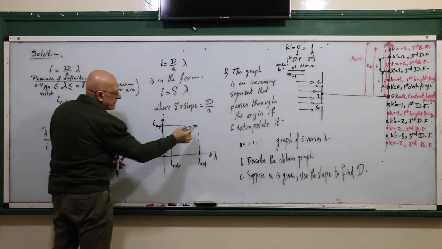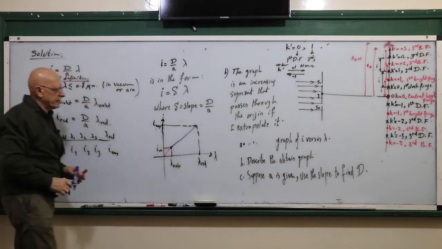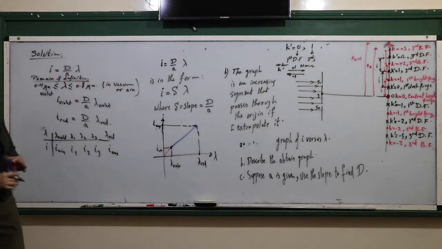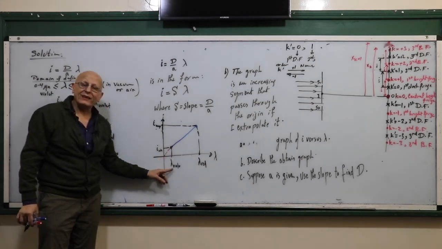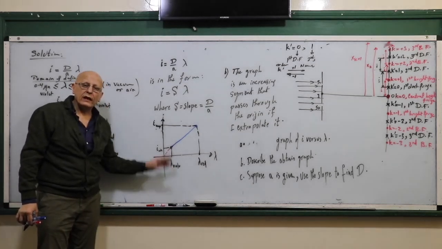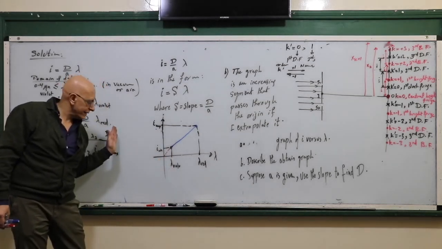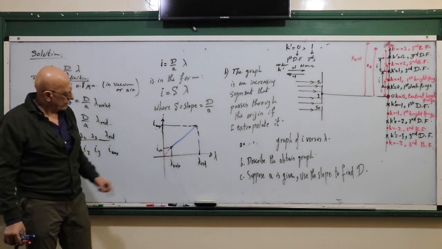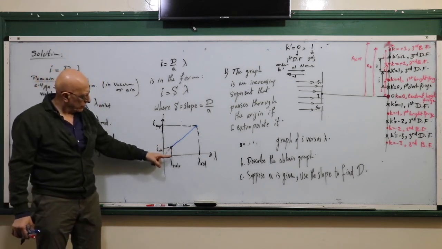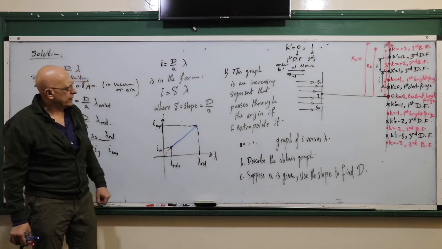If I extrapolate this line, it passes through the origin, okay? But in reality, it doesn't pass because for lambda less than violet, I will be in the ultraviolet region, which is invisible, okay? Because I didn't include this segment here.